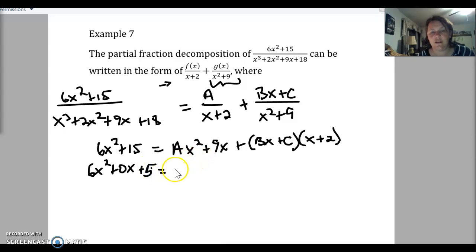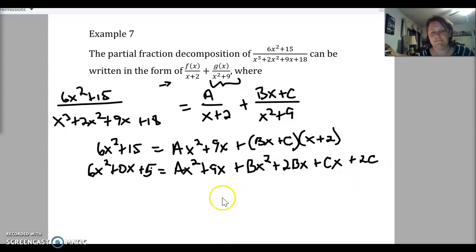And then ax squared plus 9a plus bx squared plus 2bx plus cx plus 2c. All right, now we can regroup everything and factor out.